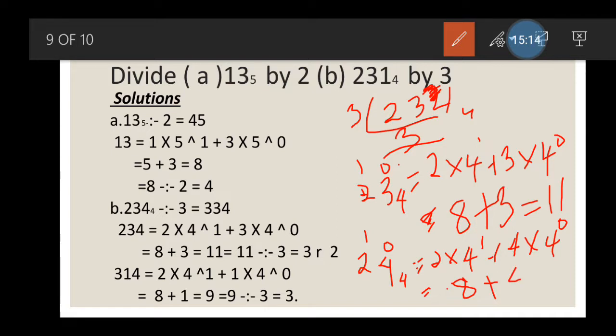Am I correct? Yes. So you're having 8 plus 4, which is 12. So you can now say 12 divided by 3.